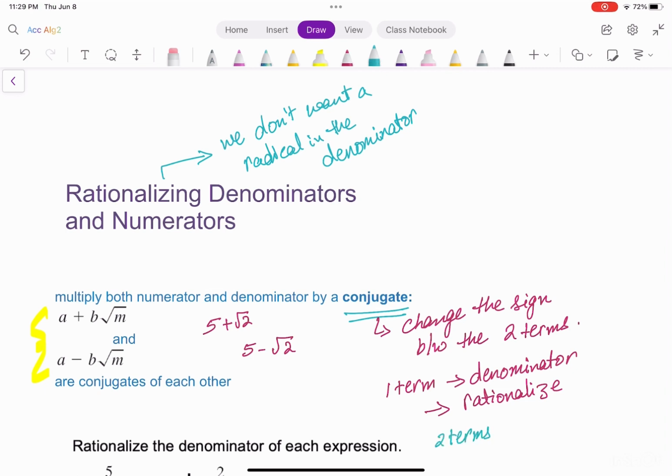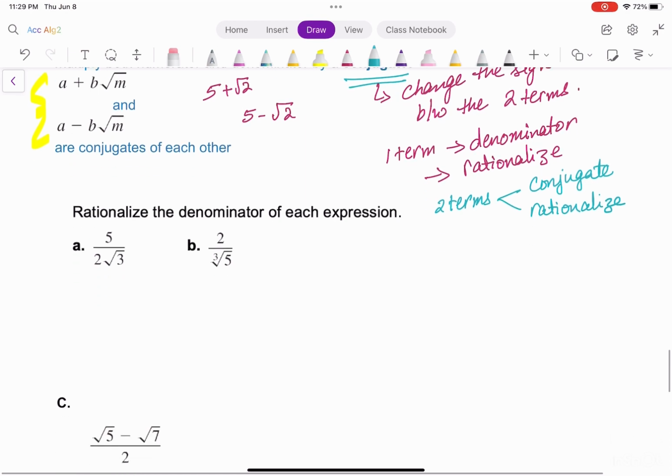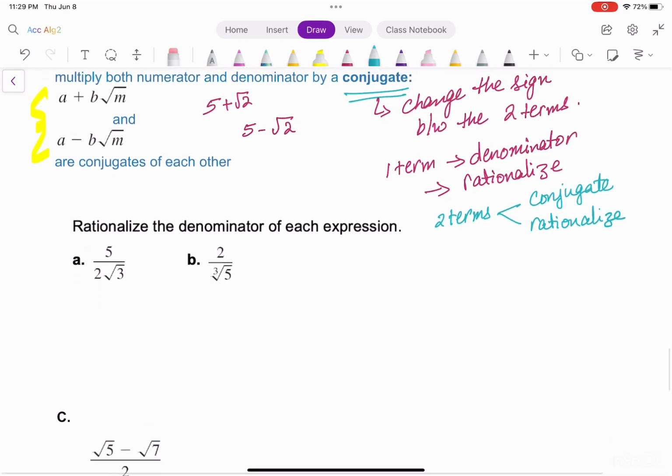So let me write it down so that you can take your notes. When two terms are there in the denominator, conjugate first, and with that conjugate rationalize. Rationalize means multiplying numerator and denominator by the same number. So a and b are the first category, meaning only one term is there in the denominator.